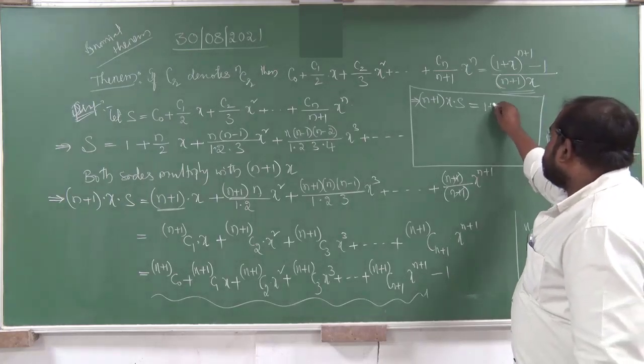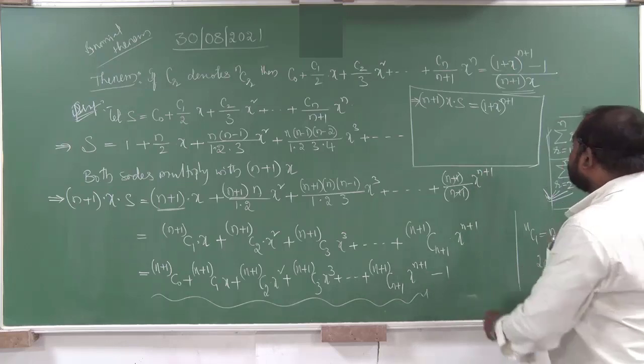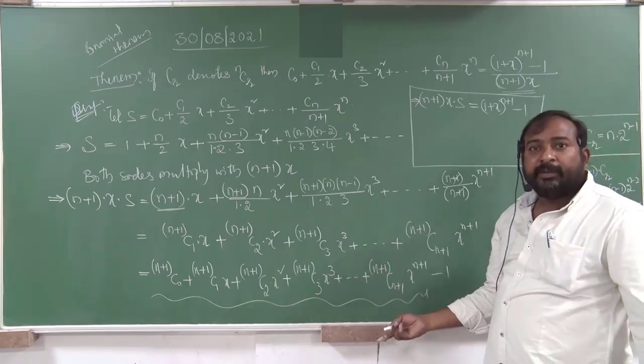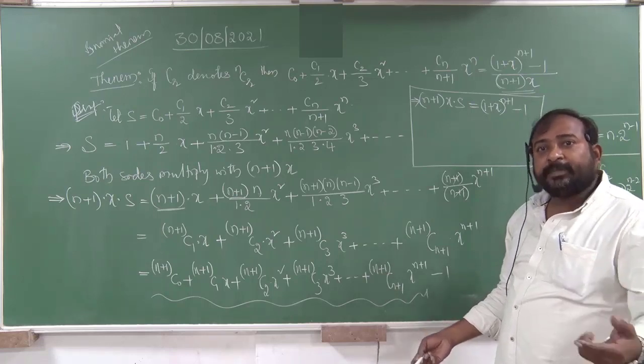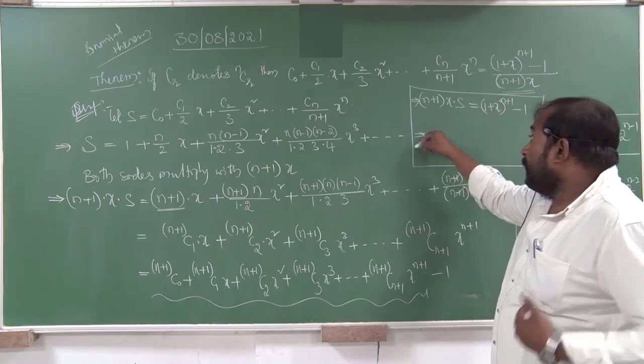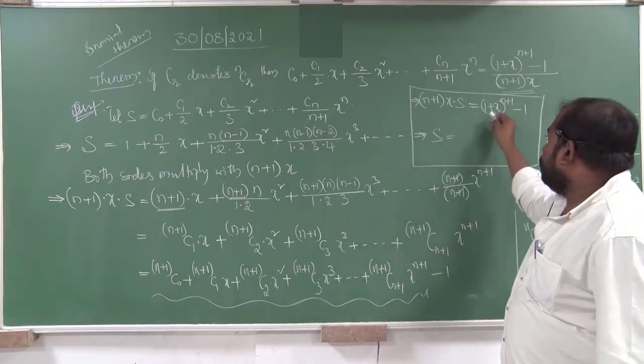I can write as (1 plus x) whole power n plus 1, of course with the last minus 1, minus 1. This is nothing but the binomial expansion, binomial theorem, but instead of n, n plus 1 is there. So (1 plus x) whole power n plus 1. But my requirement is s only. So s is equal to what will the value be?